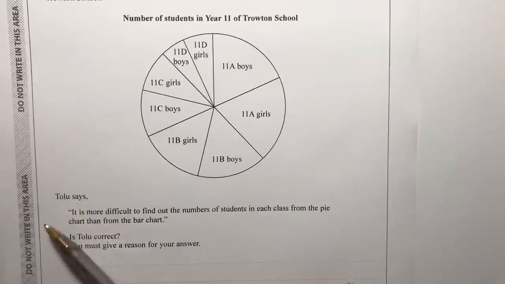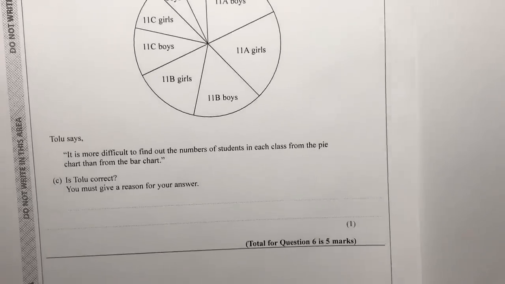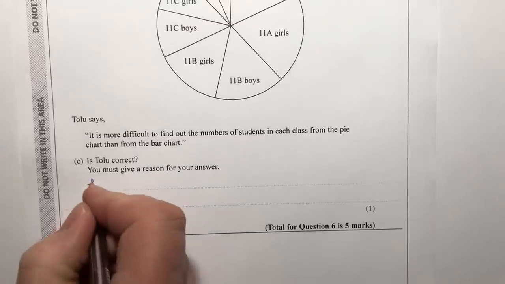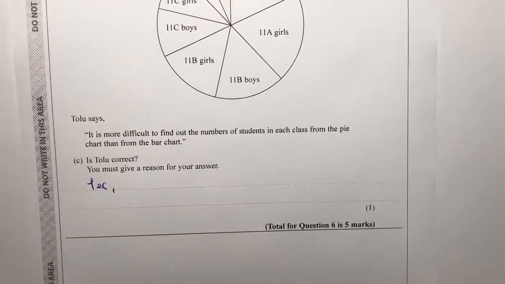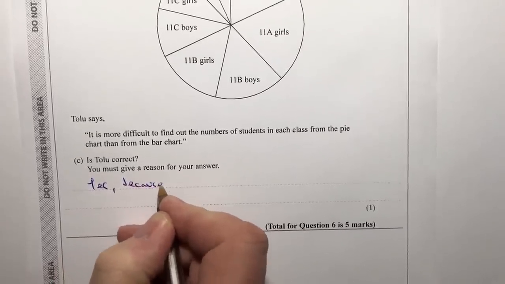Tolu says, it is more difficult to find out the number of students in each class from the pie chart than from the bar chart. Well, yeah, it is. Of course it is. It's really quite difficult to read. So in this particular case, yes, it is. And the reason you might want to give is because you might need to measure and calculate.